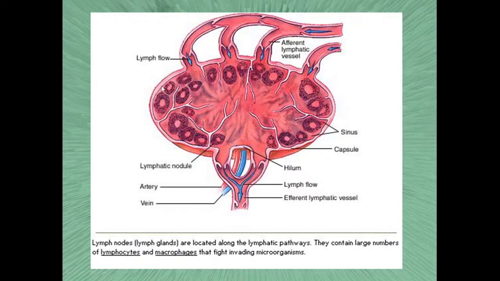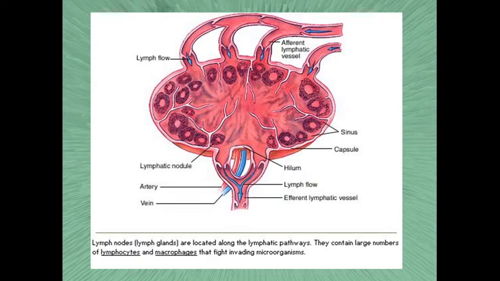Just deep to the capsule of the lymphatic node we can see the subcapsular sinus. Please pay attention to the correct pronunciation. It's subcapsular because it's just deep to the capsule. Every year I hear the same mistake.